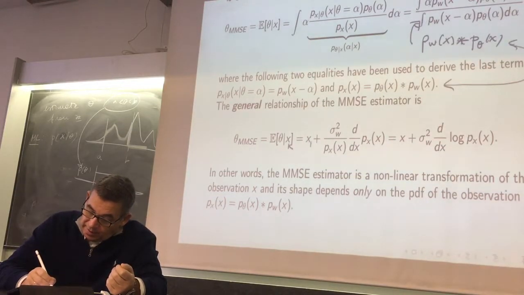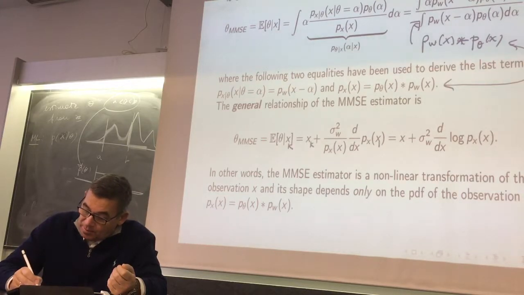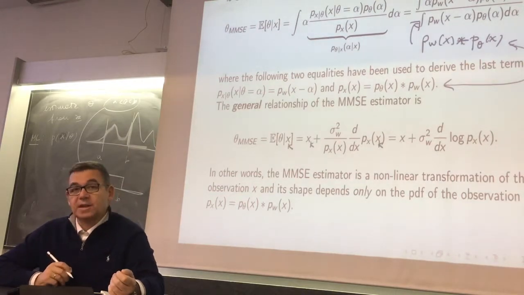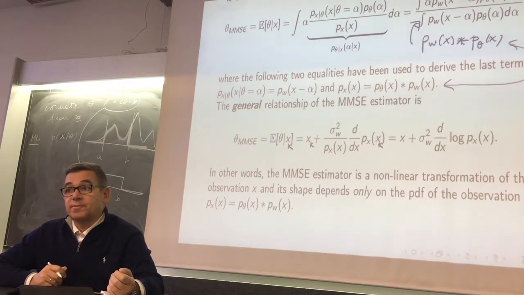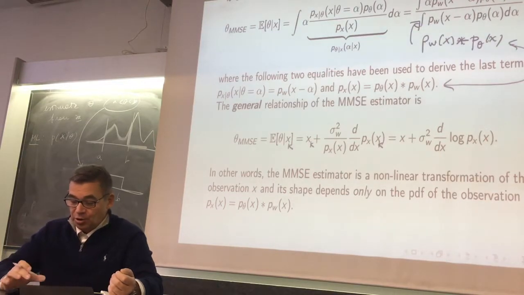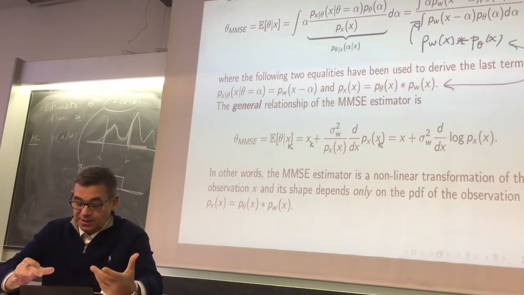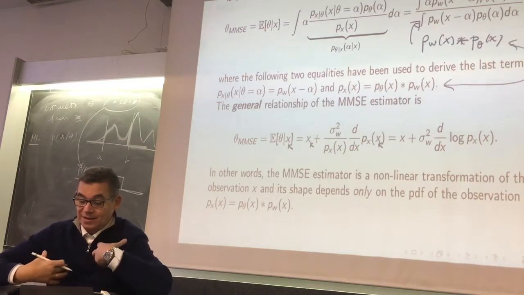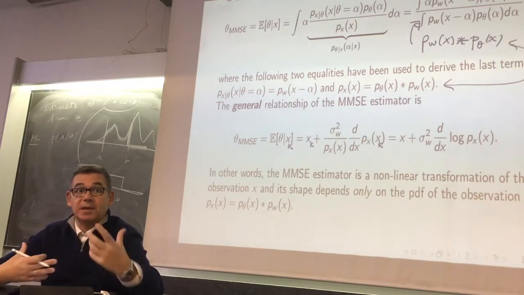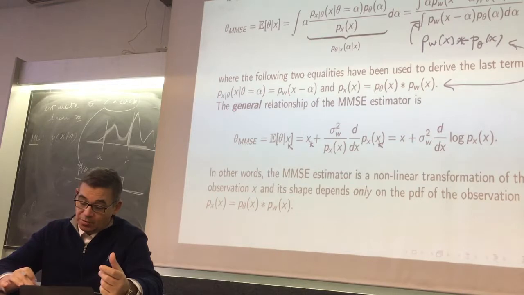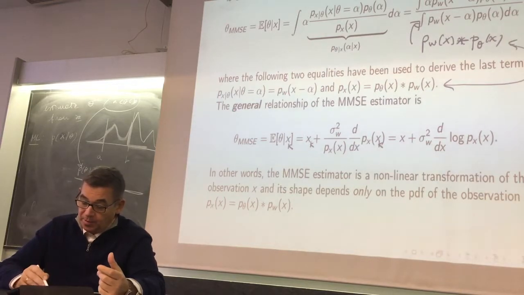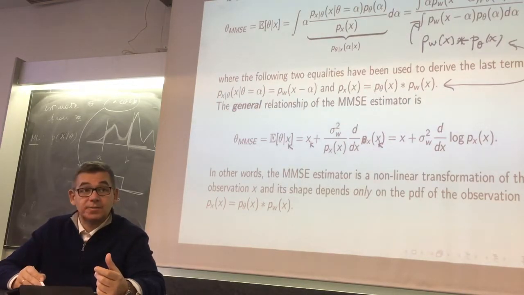So I take the xk, and it's the probability density function of x computed at x equals xk. So that is the behavior of the estimator, and it depends on the probability density function of x.